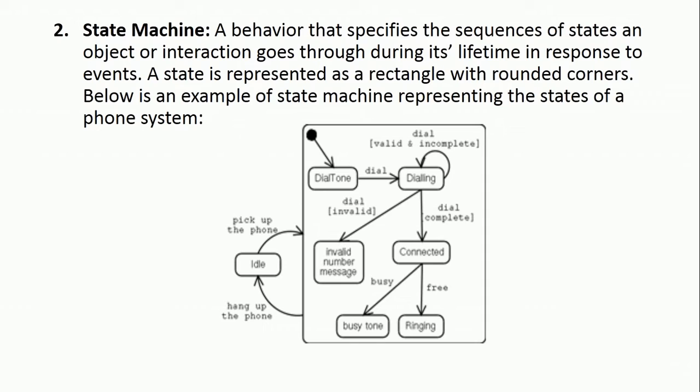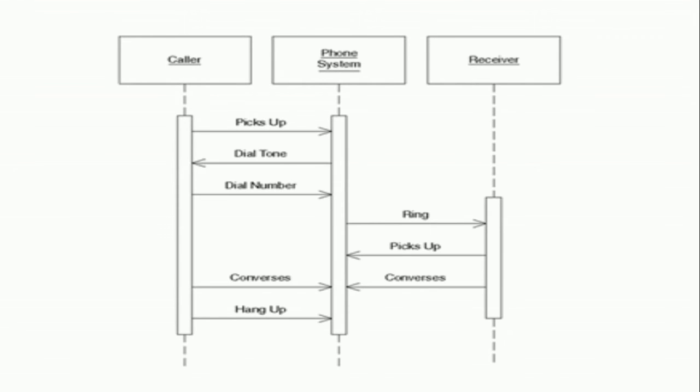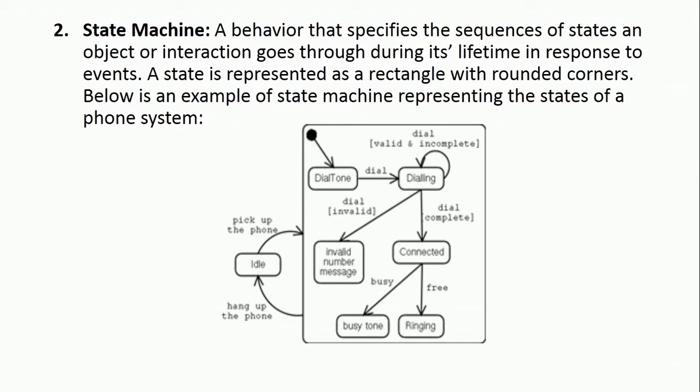And after that, if the call is connected, there may be two options. Receiver may be free or receiver may be busy. If the receiver is busy, there will be another state, that is the busy tone state. If the receiver is free, there will be a ringing state.